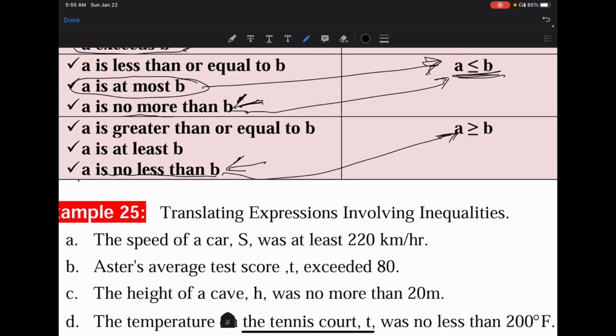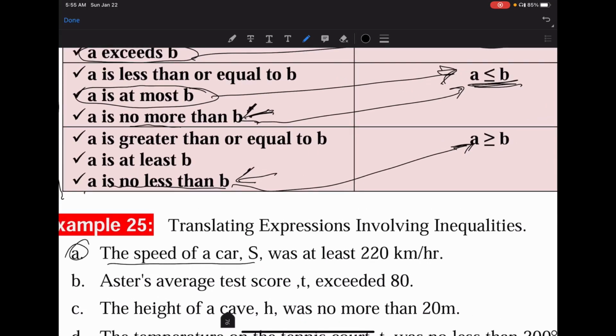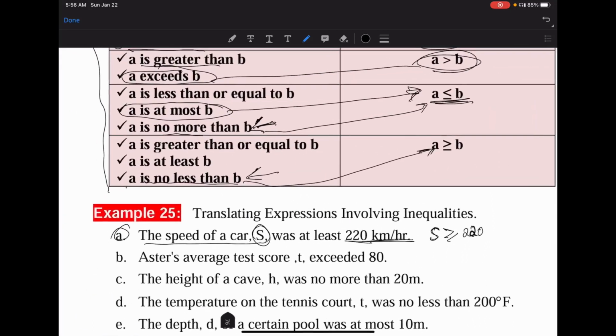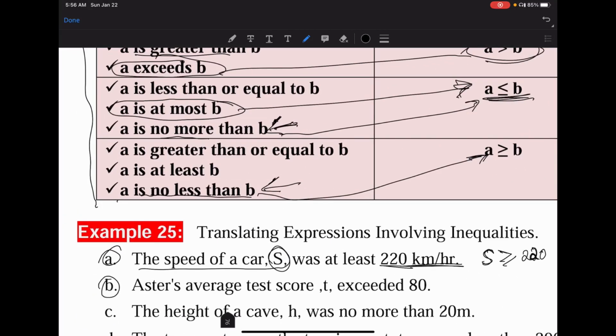Let's work these questions. For a: the speed of a car s was at least 200 kilometers per hour. Since it says at least, s is greater than or equal to 200. That is how we write it. For b: Aster's average test score t exceeded 80. A exceeds B means A is greater than B, so t is greater than 80.